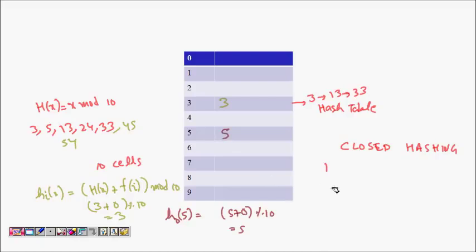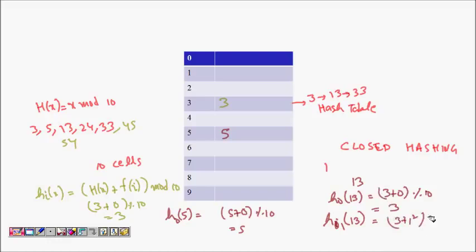Now let's see 13. h0 of 13 is 13 mod 10, so 3 plus f of 0 mod 10, which is 3. But 3 is already occupied, so we try an alternate location, with i equal to 1. So h1 of 13 is 3 plus 1 square, mod 10, which is 4. So I will put 13 here.